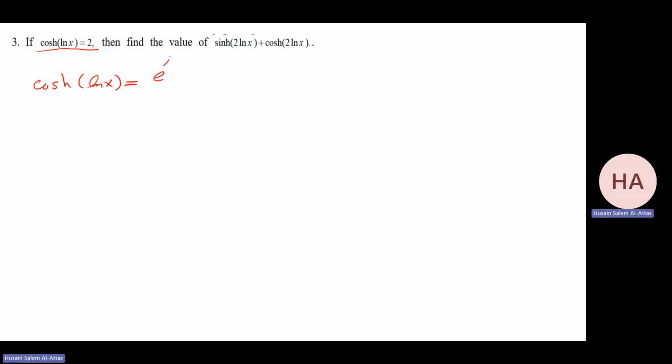It is e to the power ln x plus e to the power minus ln x over 2. That gives me x plus 1 over x, over 2. That gives me x squared plus 1 over 2x.